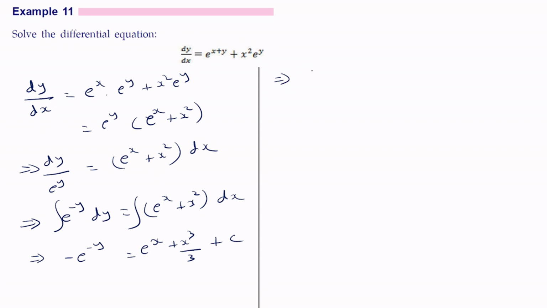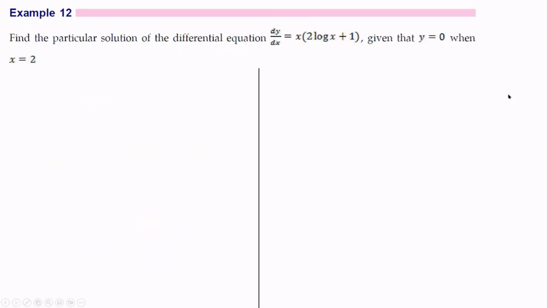So from this we get e raised to x plus e raised to minus y plus x cube by 3, if we take this as some constant c1 equal to c. So this is the required solution of this given differential equation. Next we have the next question.